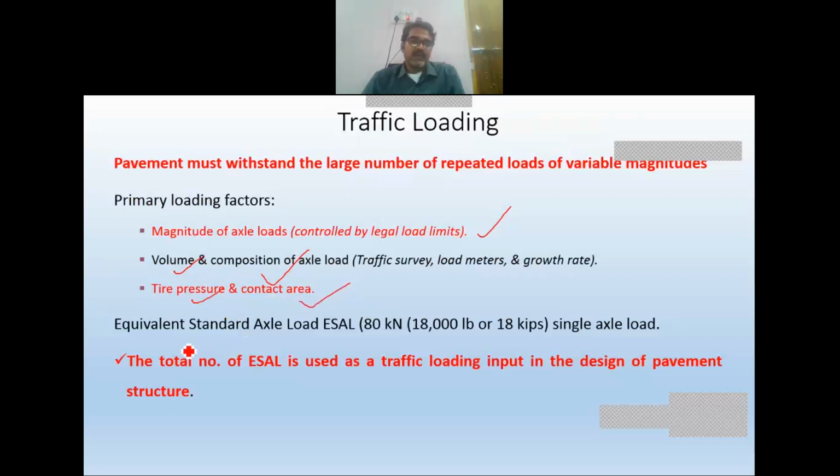Now, usually the axle load is expressed in terms of a standard axle load, expressed as an equivalent single axle load of 80 kilonewtons or 18,000 pounds, usually expressed as 18 kips. The total number of equivalent single axle loads is used as the traffic loading input in the design of the pavement structure. So the design traffic intensity is calculated over the life of the flexible pavement, and that is used as traffic loading. That is the important parameter needed for this flexible pavement design.